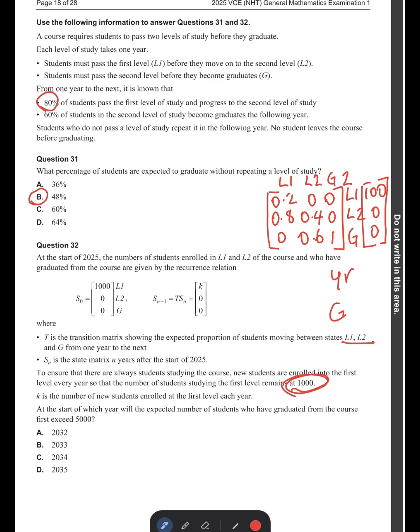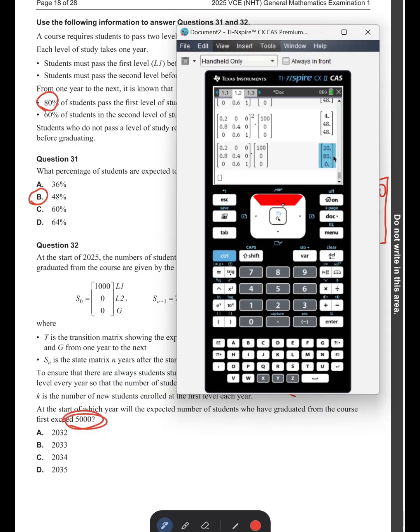Okay, so we can actually already kind of use what we've got. So K is the number of new students enrolled in the first year level. At the start of which year will the expected number of students who have graduated from the course exceed 5,000? Okay, so I'm just going to take this one and change that to 1,000.